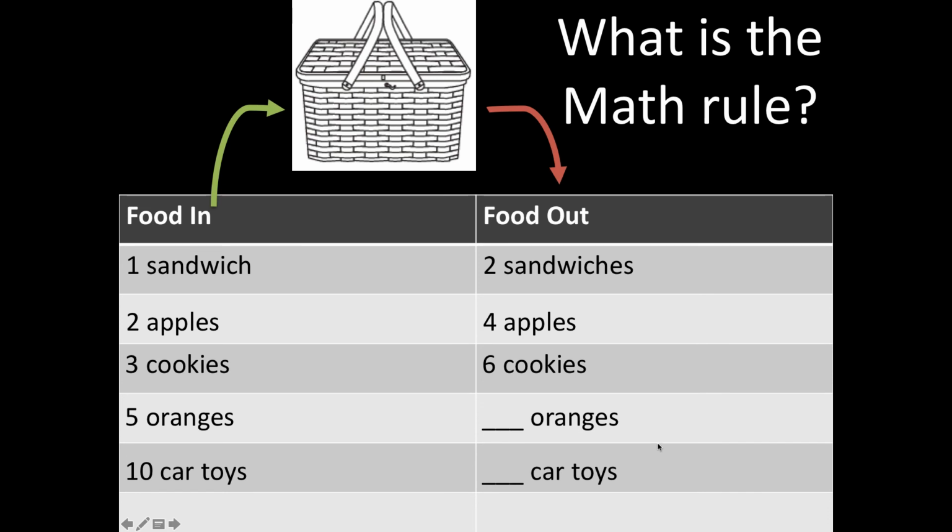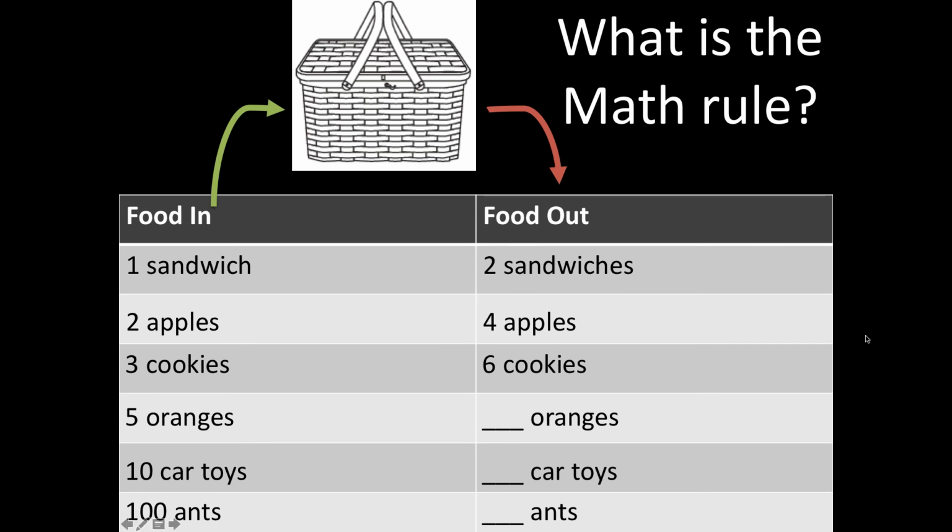How many car toys come out? And here's another one. Unfortunately, 100 ants also came into our basket. So how many ants would come out? I'll let you think, because on the next slide, you're going to learn what the rule is.